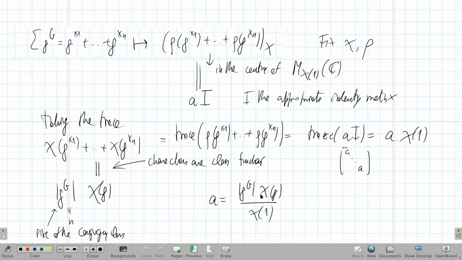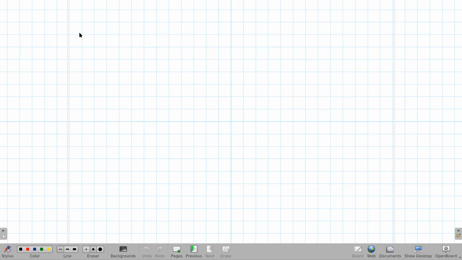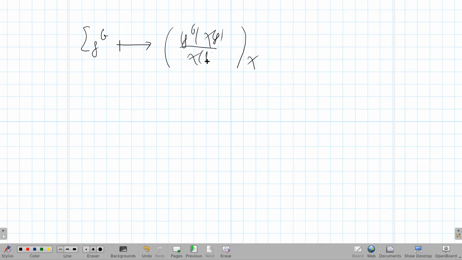Let's rewrite this. The sum of the class of g goes under the isomorphism onto the element which has in the chi component this times this over this.